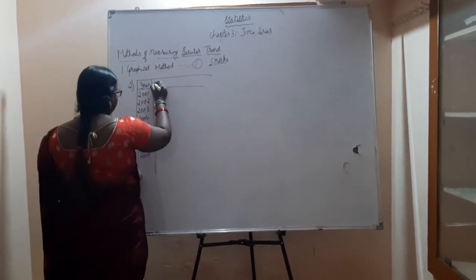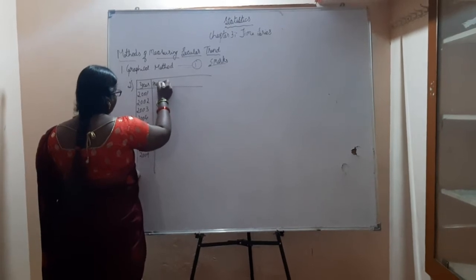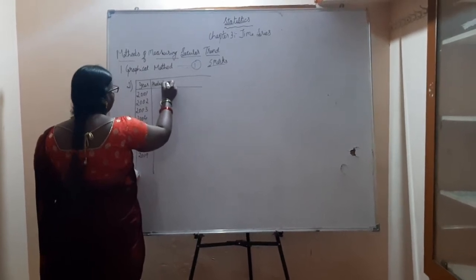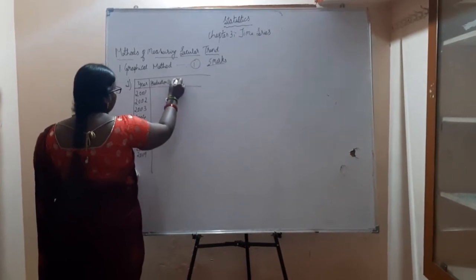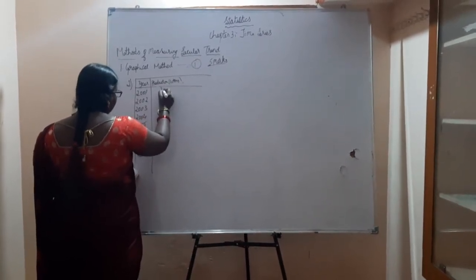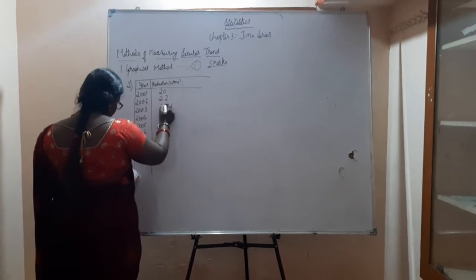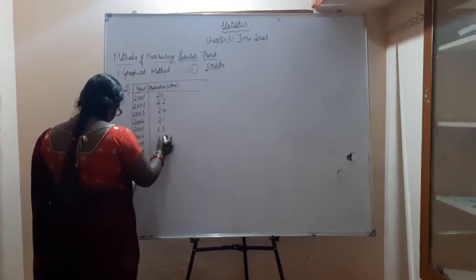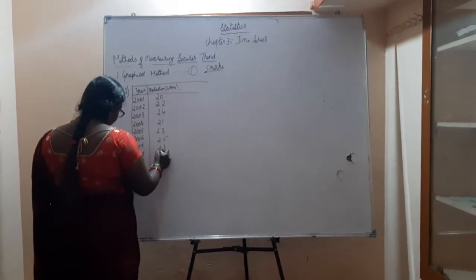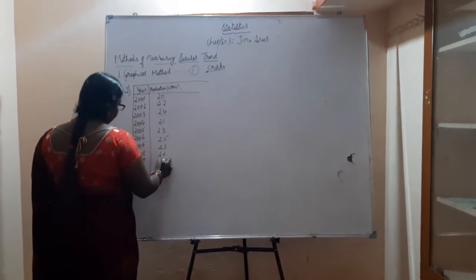Then comes my production in tons, that is 20, 22, 24, 21, 23, 25, again 23, 26, 25.